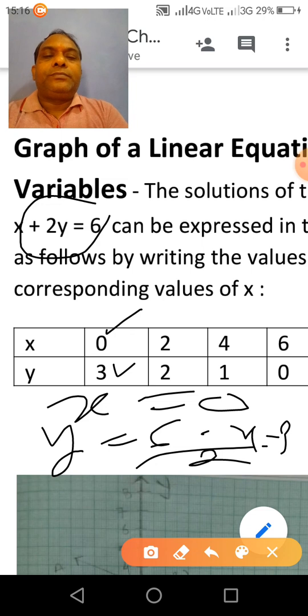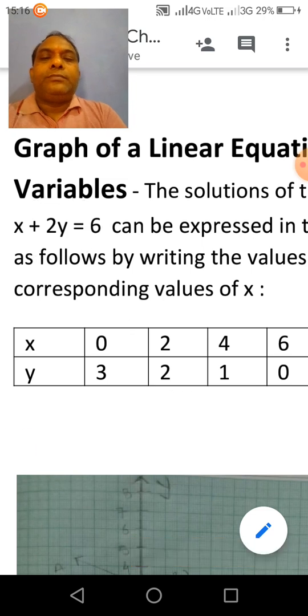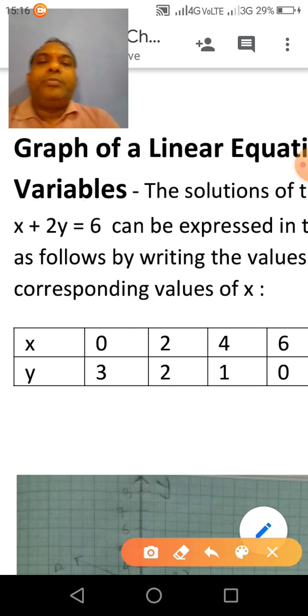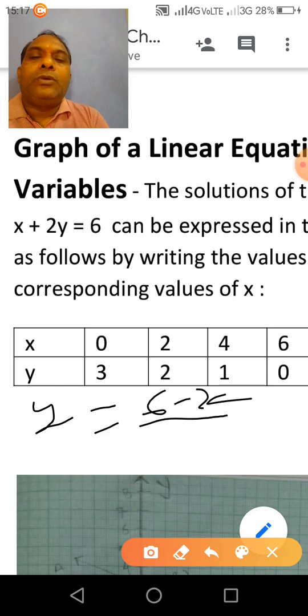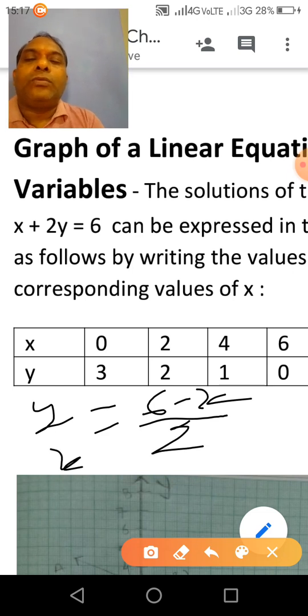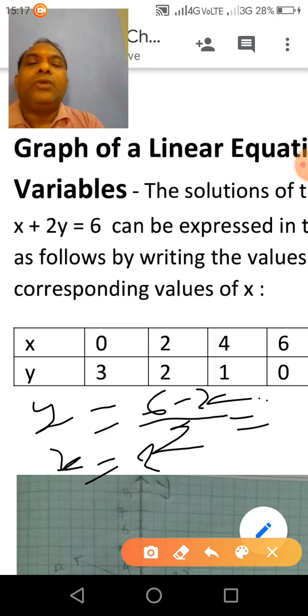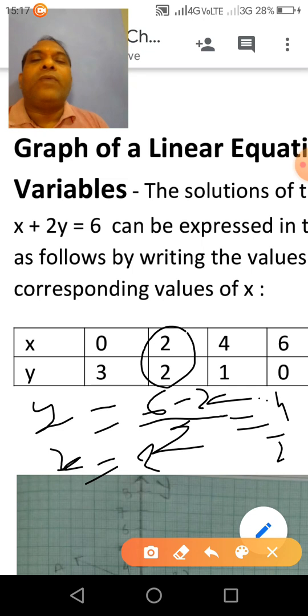Similarly, from the given equation, we can write y is equal to 6 minus x upon 2. Now put x is equal to 2. Then y will be 6 minus 2 means 4 upon 2, which is 2. So when x is equal to 2, then y will be 2.